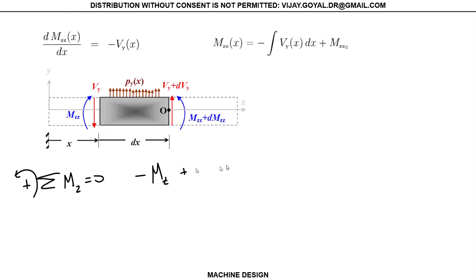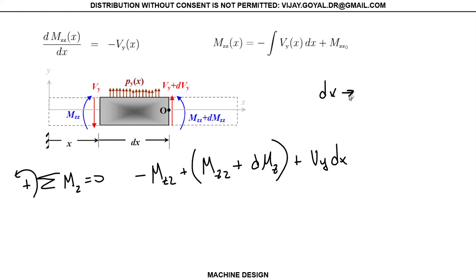Let's take care of the moments first. Mz plus dmz, okay? And then this will be plus this right here, vy, and the distance is dx. Again, remember, dx is basically a point.